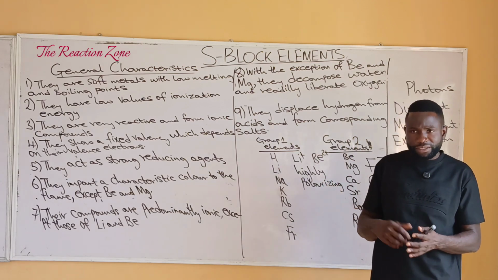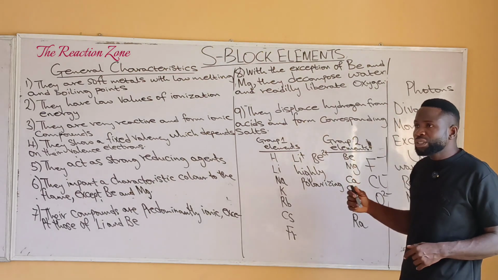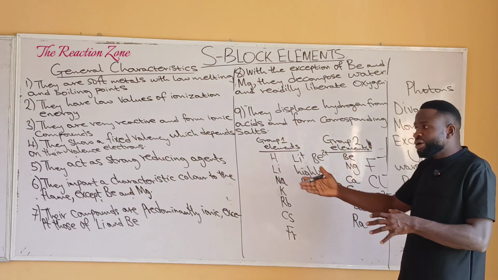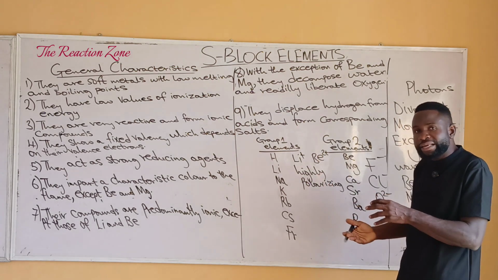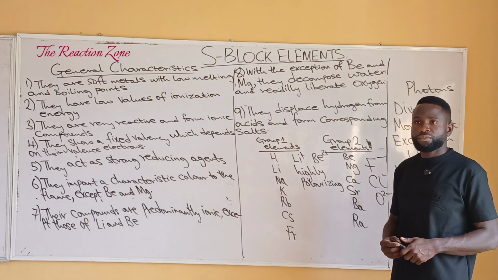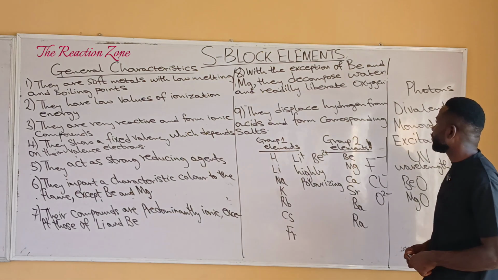As a result of this, water molecules are not even able to get to the underlying beryllium atom or the underlying magnesium atom, not to talk of even reacting with them in the first place.